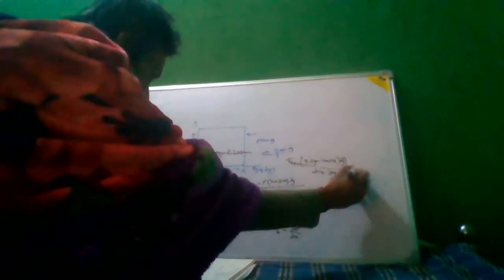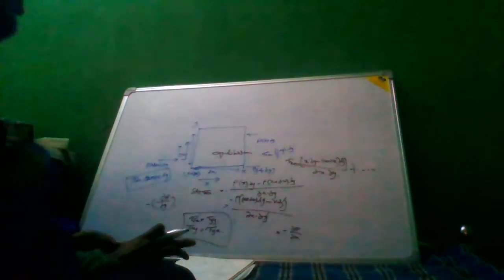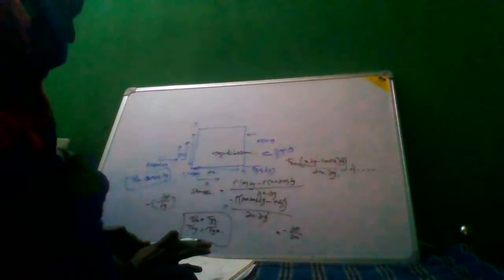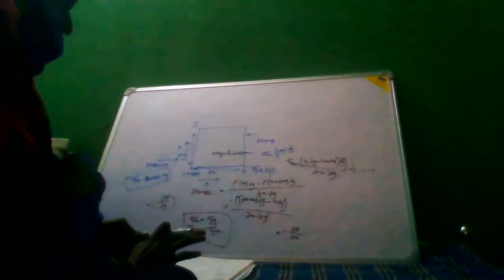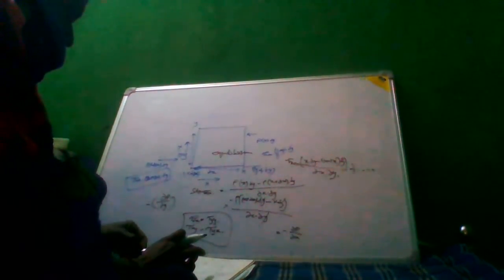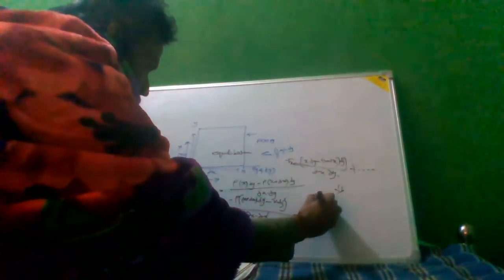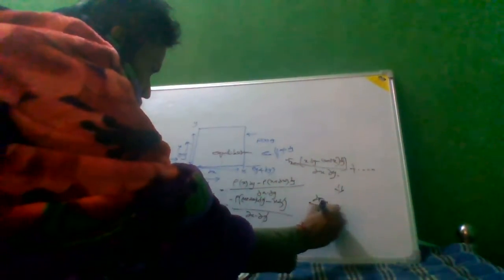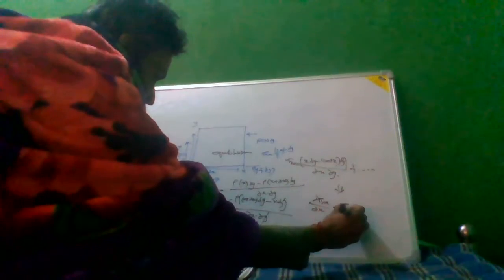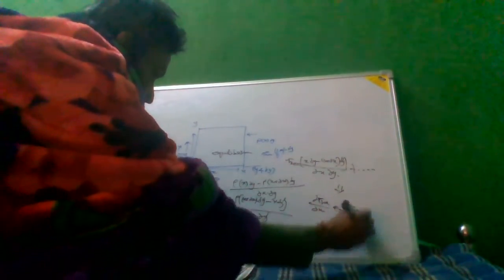And the vice versa term will be added for the y direction, and you can see that there will be del tau xx by del x plus del tau yy by del y.